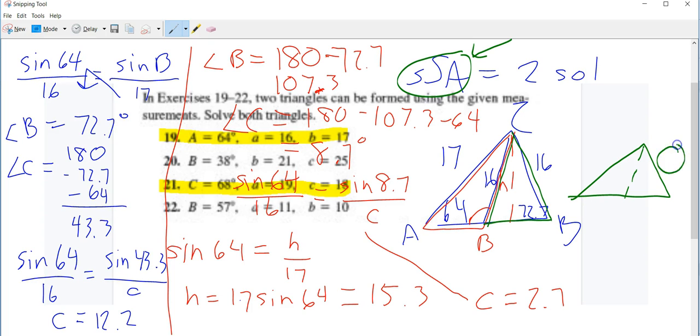I want to know this side, and this angle. It just helps our minds to visualize it. If we switch it up and I'm drawing a different looking picture, you might get a little bit confused. So, quite honestly, Miss Johnson, I like to draw all my triangles kind of like that, even if it's not drawn to scale. Because I know if that situation's coming up, that I'm prepared for it.